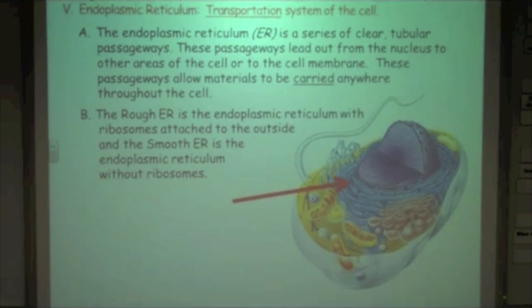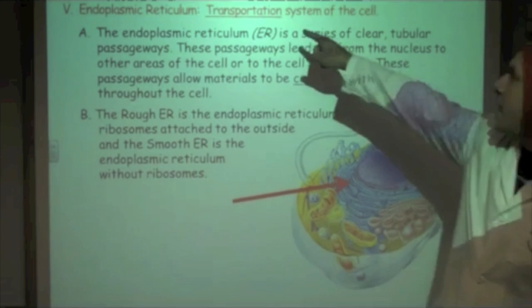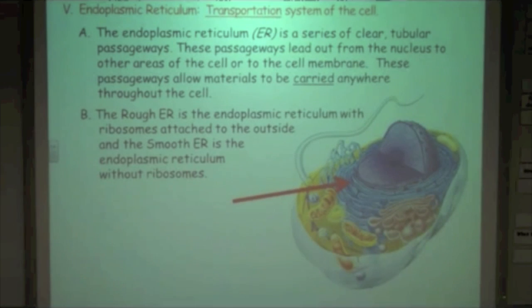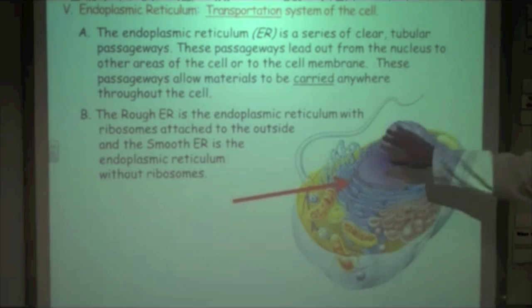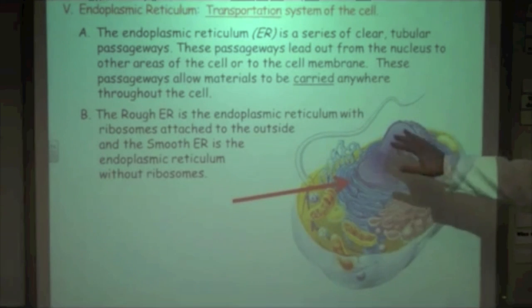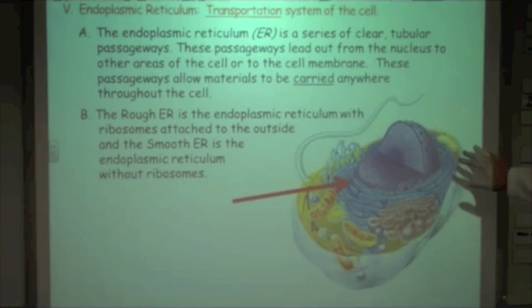Endoplasmic reticulum. Okay, that's a big word. Easy enough to remember though. It is the transportation system of the cell. This is where we're going to allow things to move about the cell. It's the passageways of the cell. We have two types of endoplasmic reticulum. We have what's called the rough endoplasmic reticulum and the smooth endoplasmic reticulum.